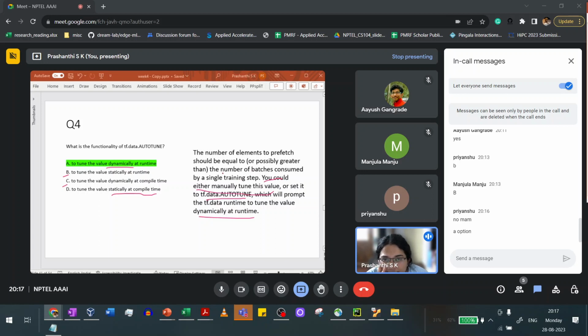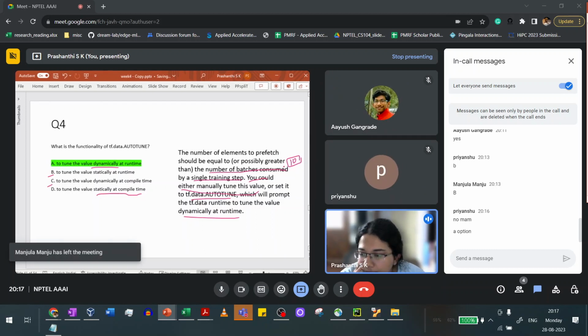Let's say in a single training step, you consume maybe 10 batches, and you want to prefetch either this 10 or something greater than this 10. So now what I could do for a given data set is to set this value to 10.